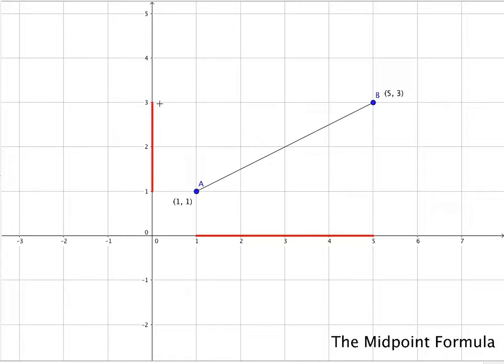Okay, so we're essentially traveling this much in the x, which is 4, right? And we're traveling this much in the y, which is 2. And so it's easy to see that halfway in between 1 and 5 is 3. So that's going to be my midpoint there. And halfway between 1 and 3 is 2. So that's going to be my midpoint there.